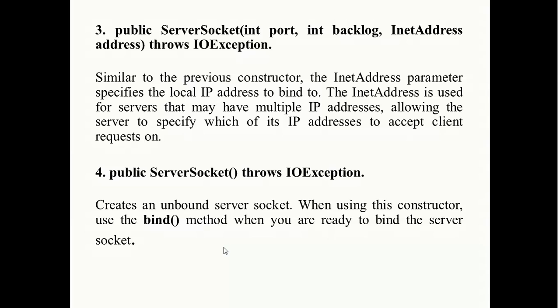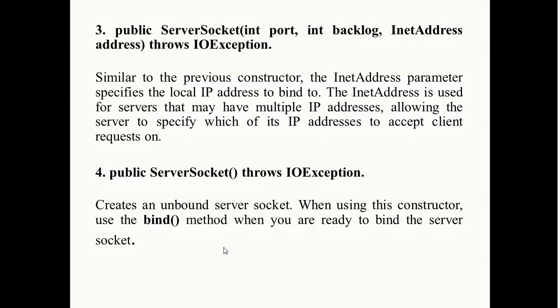This constructor is also similar to the previous constructor. The InetAddress parameter specifies the local IP address to bind to the particular port, and the InetAddress is used for a server that may have multiple IP addresses, allowing a server to specify which of its IP addresses to accept the client request on.